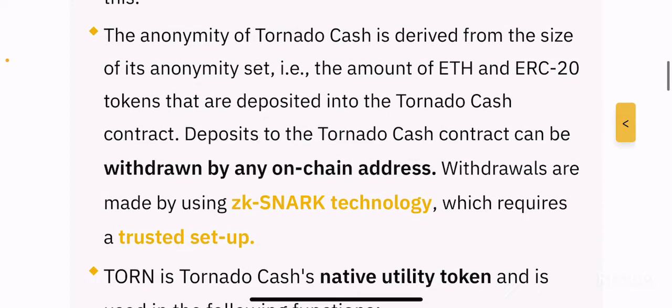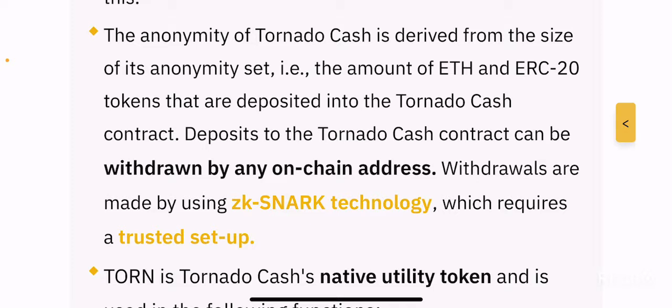The anonymity of Tornado Cash is derived from the size of its anonymity set, i.e. the amount of ETH and ERC20 tokens that are deposited into the Tornado Cash contract. Deposits to the Tornado Cash contract can be withdrawn by any on-chain address. Withdrawals are made by using ZK Snark technology, which requires a trusted setup.